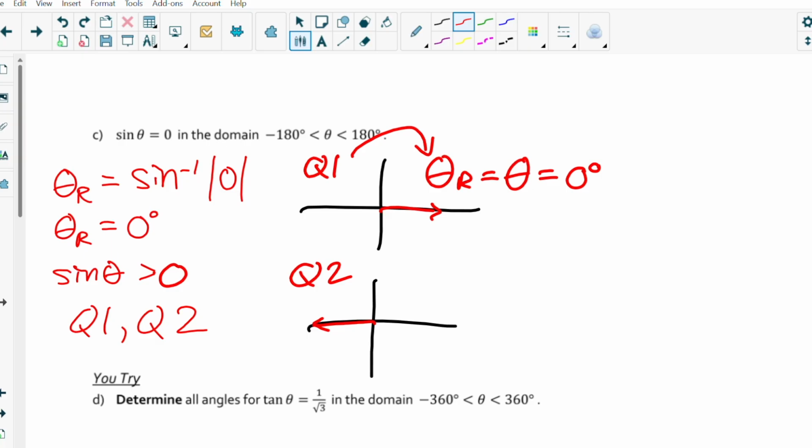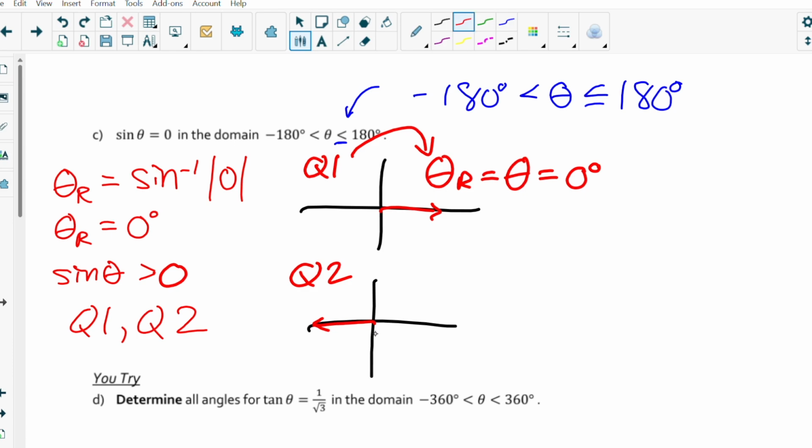Okay, folks, there's an error in the notes here, so hopefully by the time you see this in class we'll correct it. This sign should be a less than or equal to. Okay, so fix that please. Negative 180 degrees is less than theta, and theta is less than or equal to 180 degrees. Okay, otherwise this quadrant 2 solution doesn't work.